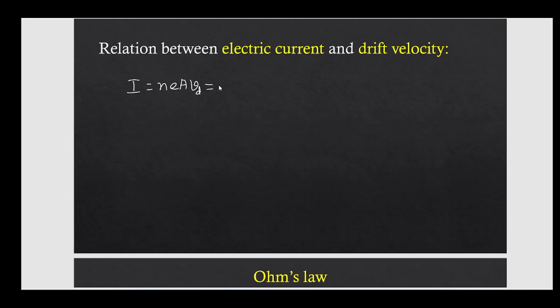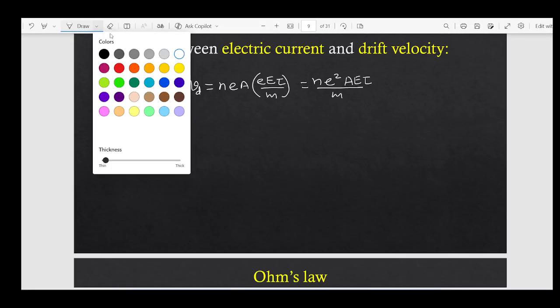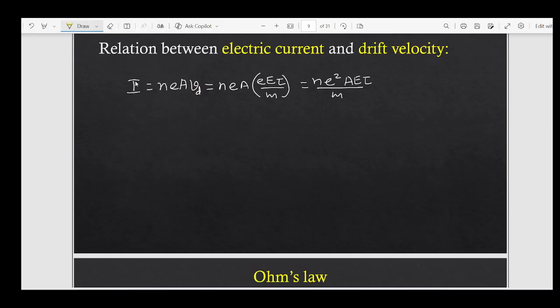Since drift velocity is given by E tau by m, in terms of relaxation time and electric field we can write I is equal to n e square A E tau by m. This is one important formula which relates current and drift velocity.